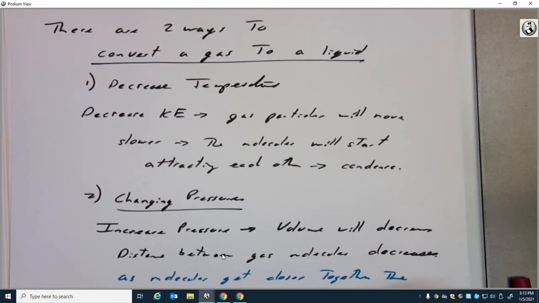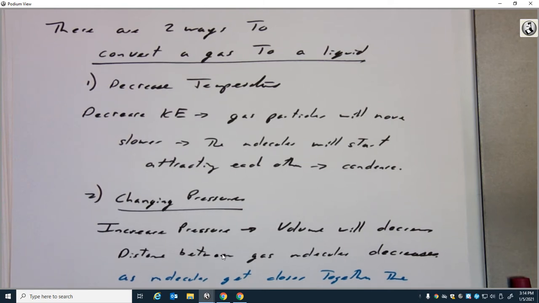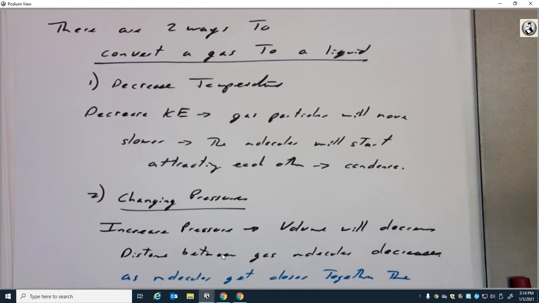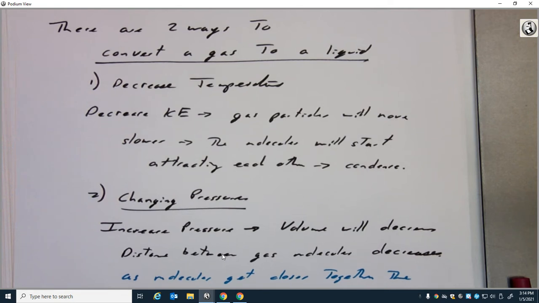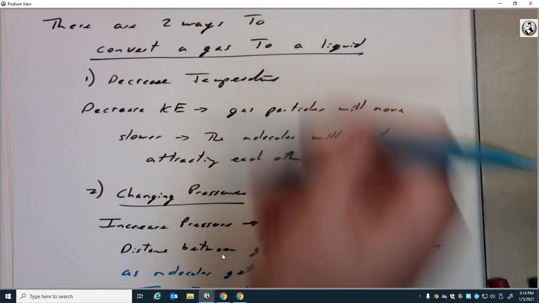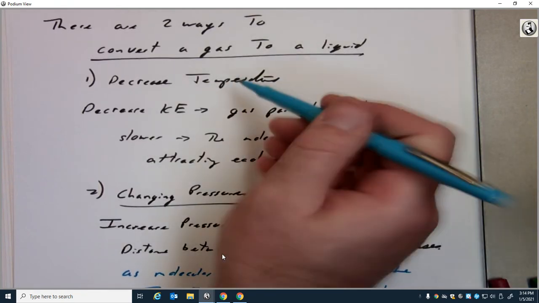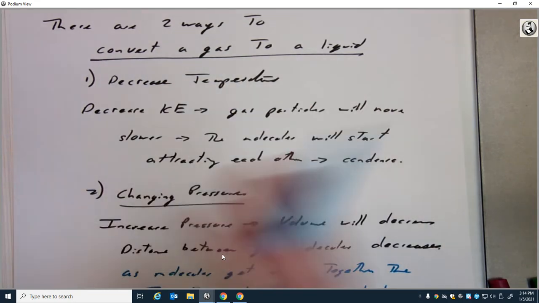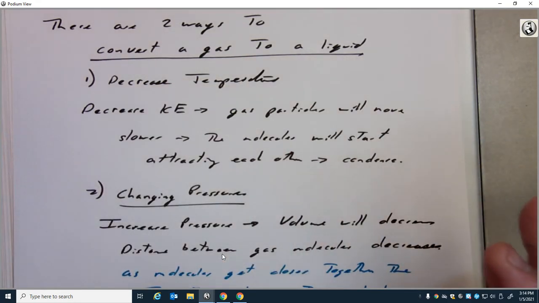The particles are attracted, and again, the gas condenses. So again, we can condense a gas in two different ways. We could just decrease the temperature, or we could increase our pressure and force those molecules closer together until the intermolecular forces kick in and it condenses into a liquid.